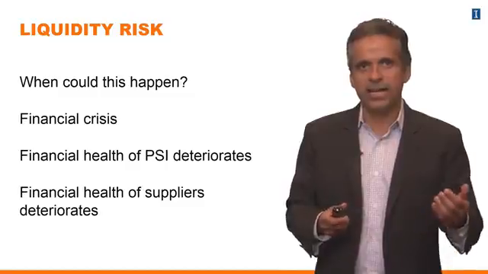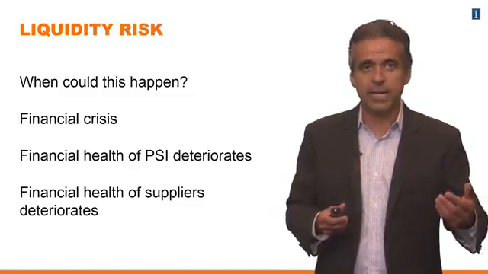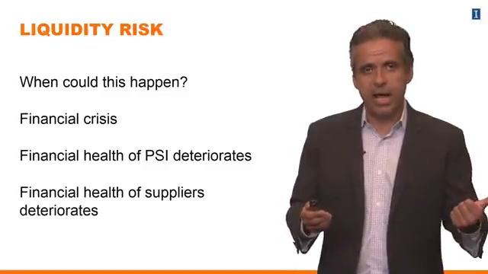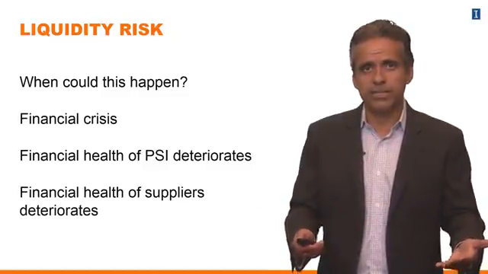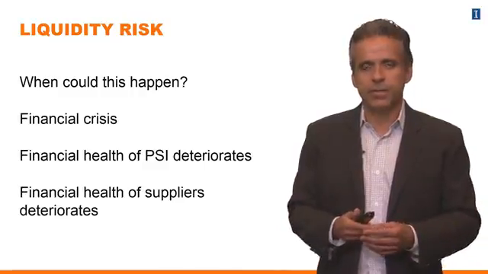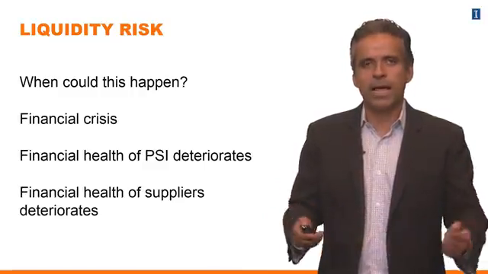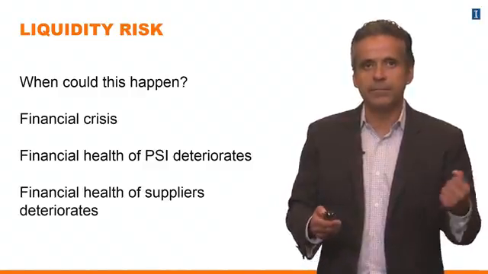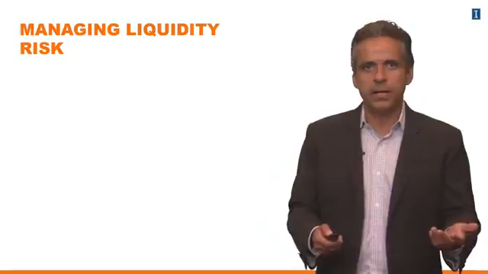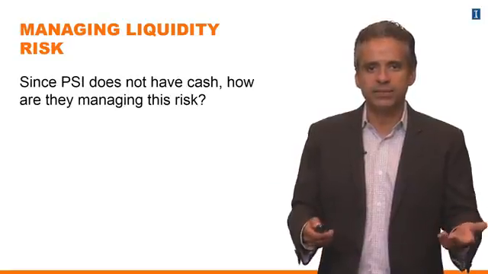The third one is that the financial health of the suppliers may deteriorate. The suppliers might have been financially healthy, but they might run into problems and then try to raise some cash from their business with PSI. The bottom line is that there are many things that could happen that might create liquidity risk for a company in this situation. So how would PSI manage this liquidity risk?